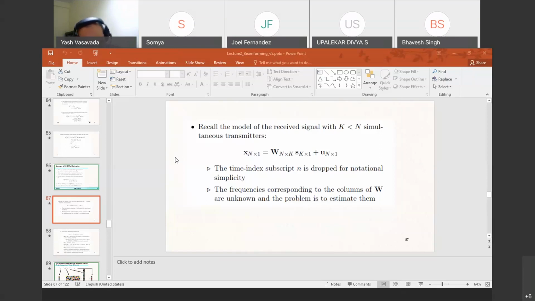And a lot of the time, this topic of subspace-based techniques ends up being about the noise subspace versus the signal subspace and how they are mutually orthogonal. So the MUSIC algorithm that we studied is a classical subspace-based technique.